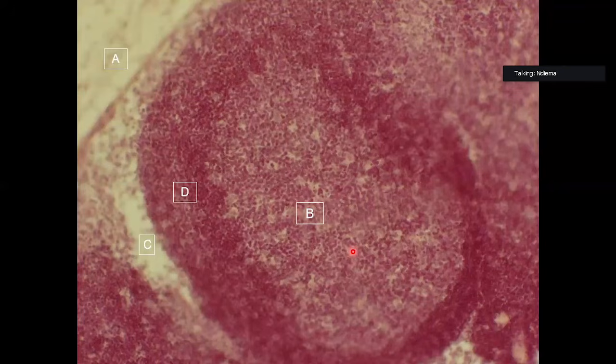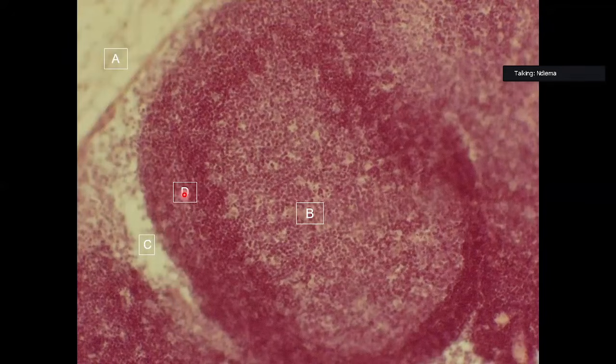And then in the case of the secondary, we have a very distinct germinal center, and the germinal center is surrounded by cells which are very closely packed, that we refer to as the mantle zone or the cape.